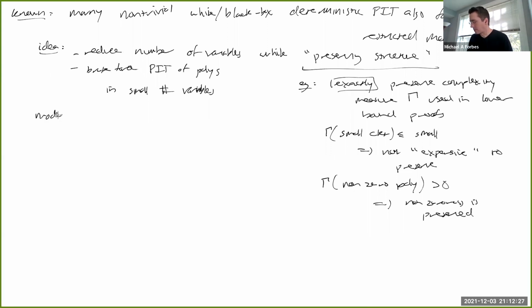Okay, and so what models do we know PIT for? I'm not going to give full references to the many authors involved in this. I apologize to them. But for example, there are sparse polynomials in just a few variables. White box here is trivial in the sense that if I give you a sparse polynomial, you can just look at all the coefficients and say, is it 0 or not?